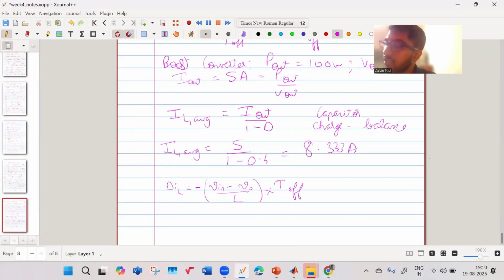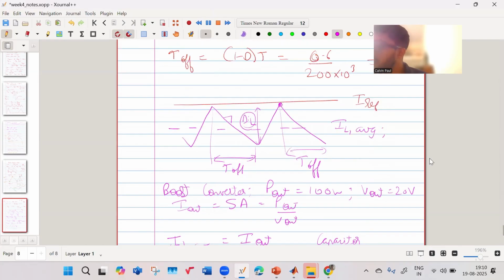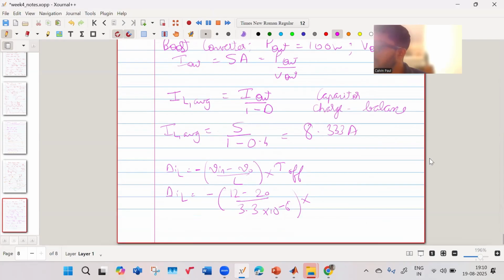So what will be this value then? What is your delta IL then? This is minus of 12 minus 20, L is 3.3 microhenry. What is the T off you got? You got T off to be 3 microsecond.